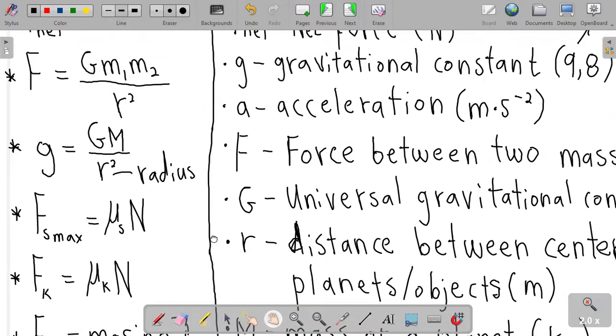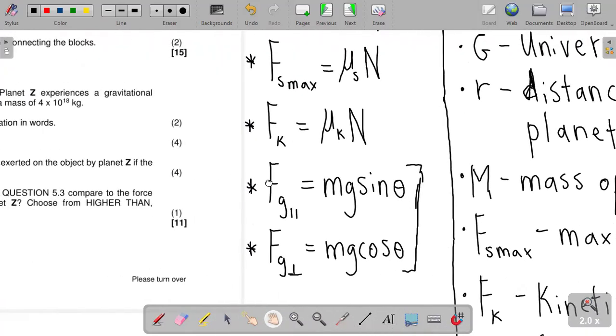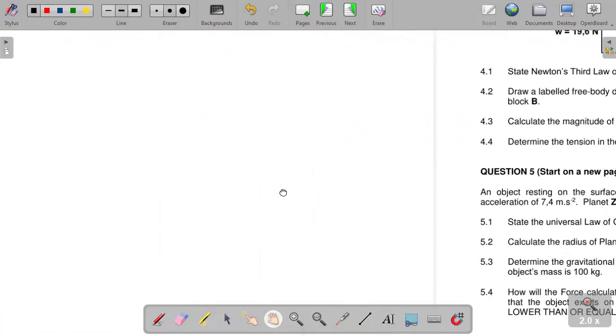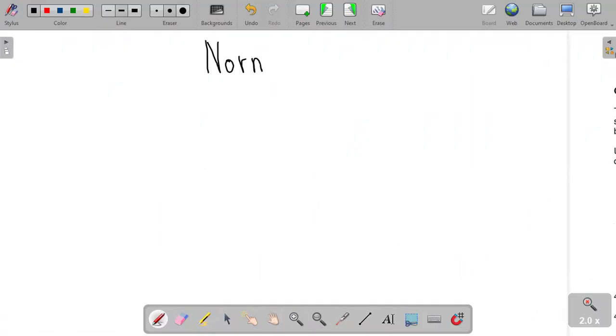So let me do it on this side. The normal force: how do we calculate it? It depends on the situation. The formula is not the same.